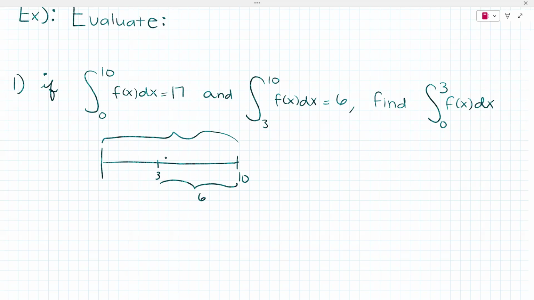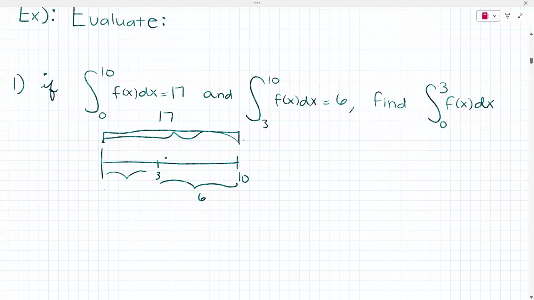And what else do they say? The integration from 0 to 10, so this entire length here is 17. So all we have to find is the integration from 0 to 3, so this length here, right? What we could do is set it up as an equation.